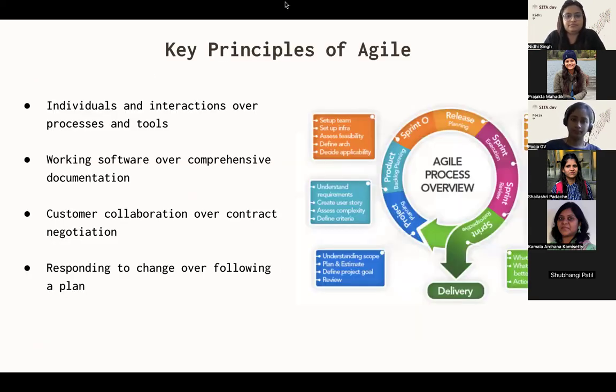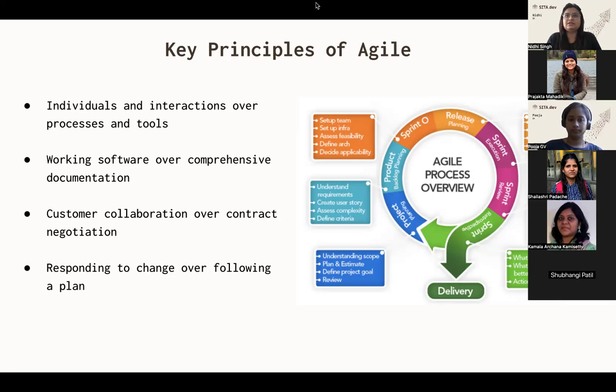Next is, what are the key principles of agile? What makes it more popular nowadays? Here, individuals and interactions are focused over processes and tools. As I told you, the customer is in continuous touch.